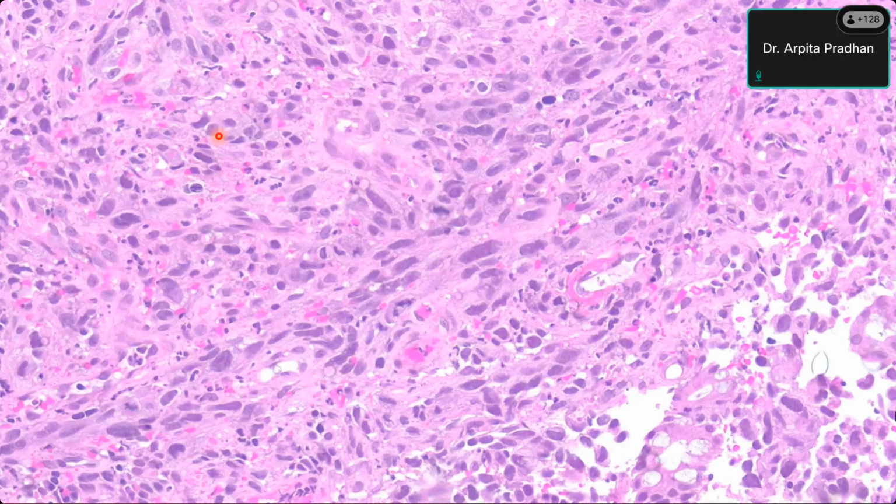Maybe the perinuclear vacuolation is more clear over here. Maybe these cells show large eosinophilic nuclei. Maybe there is some perinuclear clearing, whatever you want to call it. But as you rightly said, the tumor cells show a lot of nuclear pleomorphism.